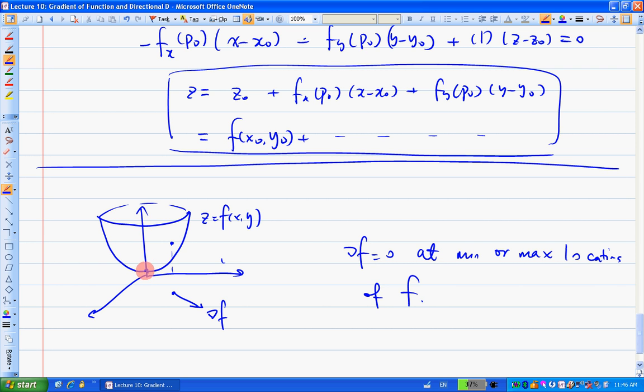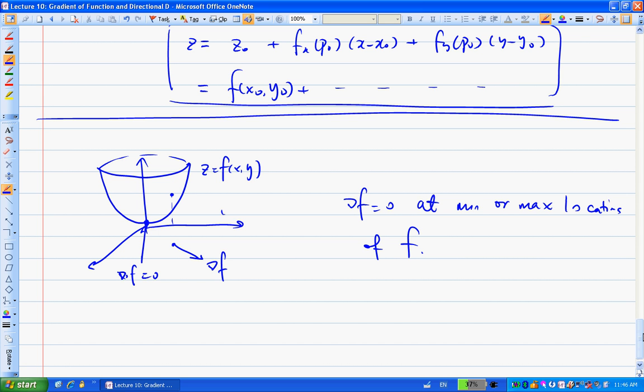Let's say, for example, here's a minimum point. If I'm at this location, my gradient vector del f will be 0. What's your question? What line are you seeing? Maybe you can come to me after class and we'll talk about it.